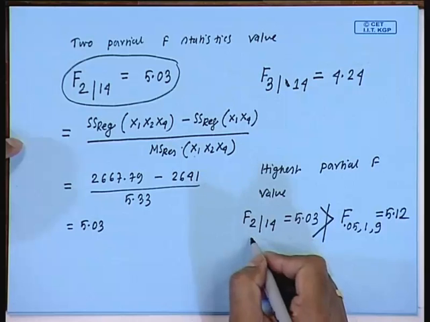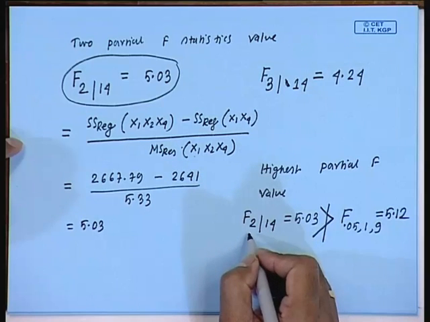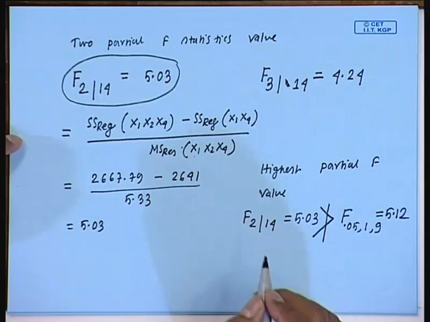So, we can't include x2 in the model. At this moment we have x1 and x4 in the model, and in the presence of x1 and x4, x2 has the highest partial F value, but that value is less than the tabulated value.